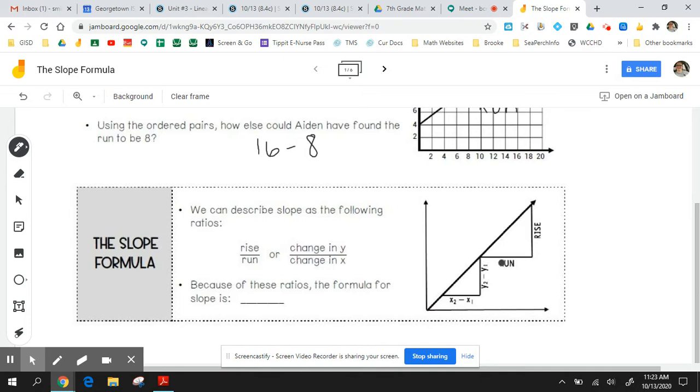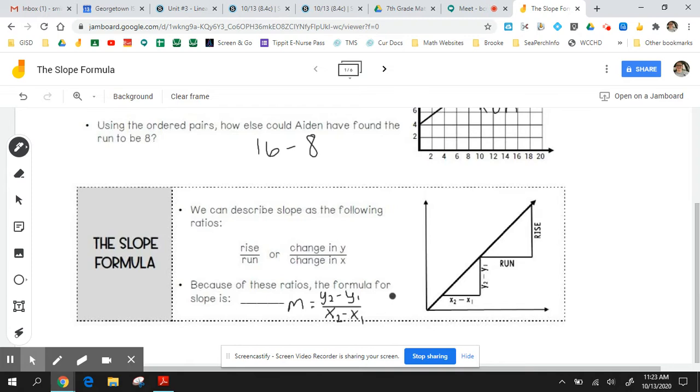The formula that we're going to use for slope, and I'm not going to try and write it on that line because it's too tiny, is going to be m, because slope is m. It's always going to be the variable m. So m equals y2 minus y1 over x2 minus x1.